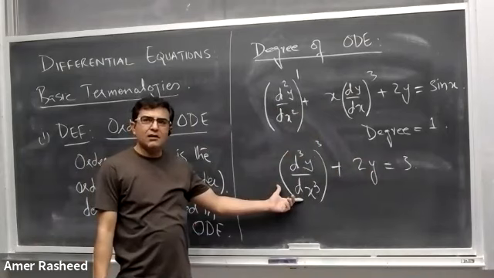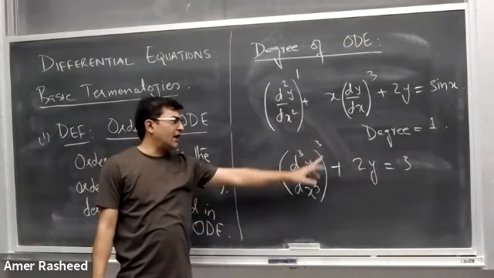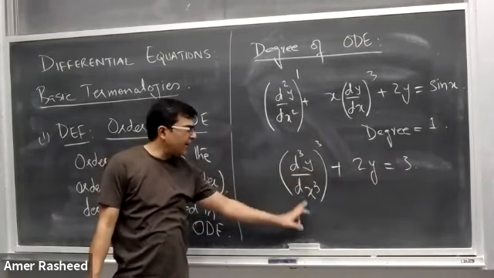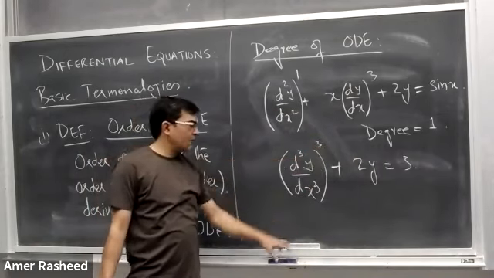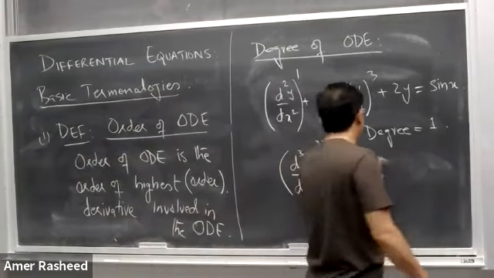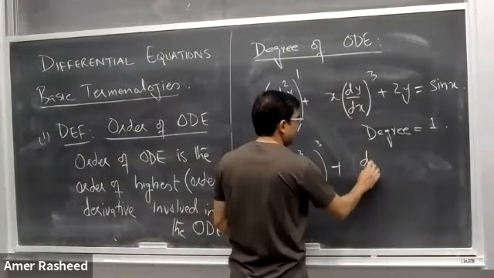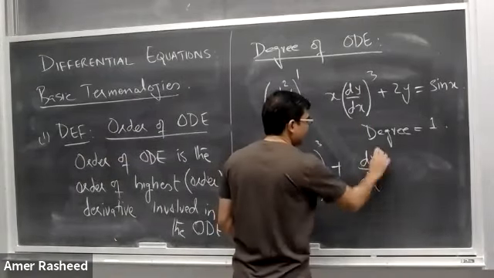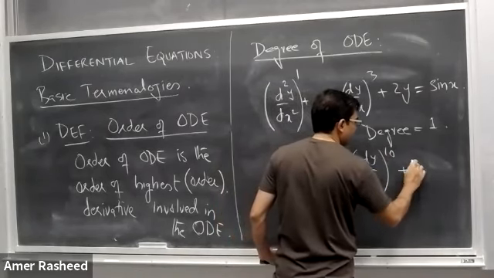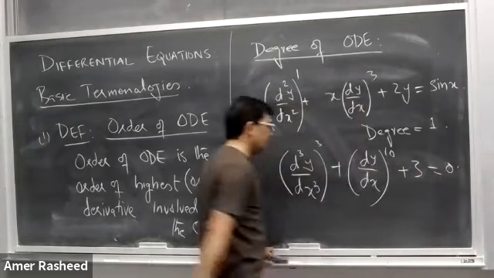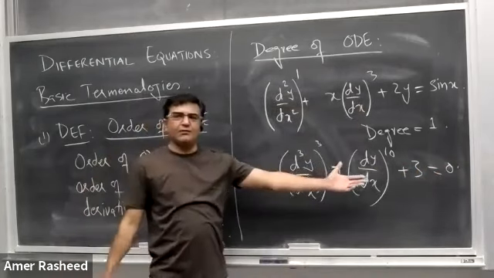It's 3, because the highest order derivative is 3, and we look at its power. आप यहाँ पे इसको ये कर सकते हैं dy by dx whole power 10 plus 3y is equal to 0.